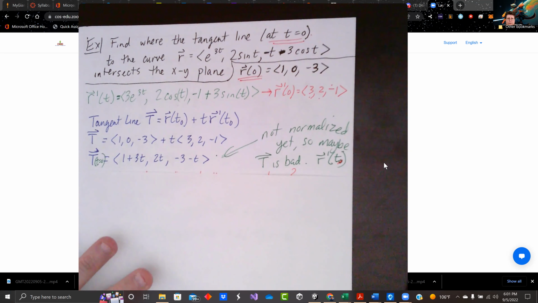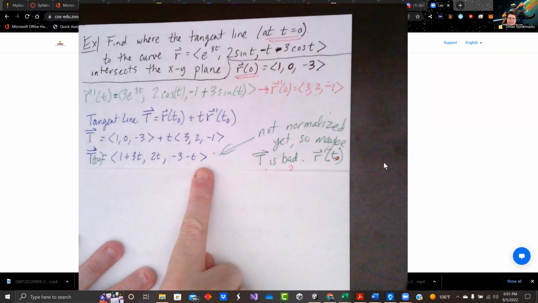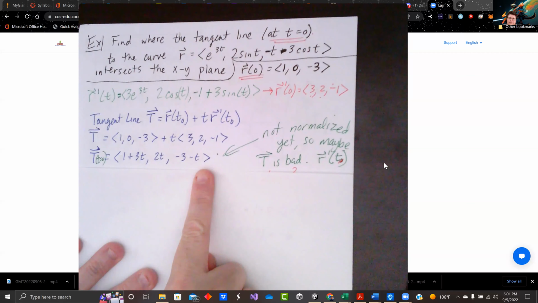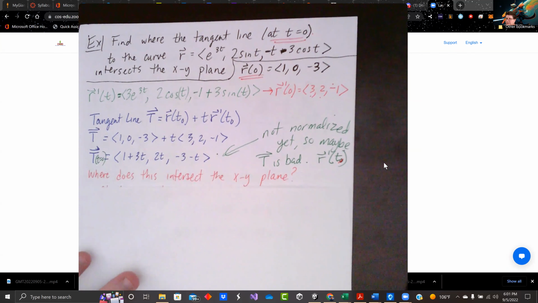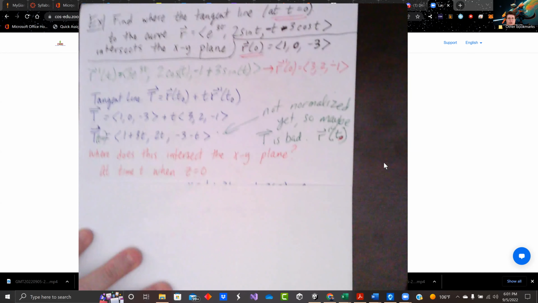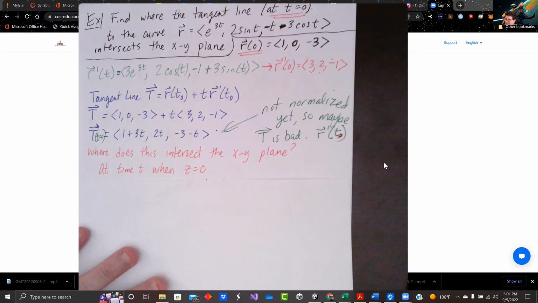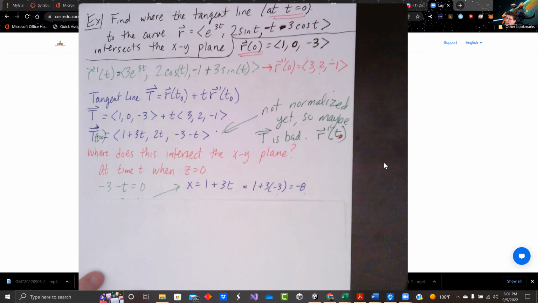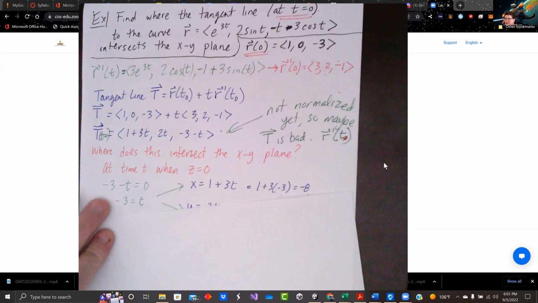That wasn't the problem though. We wanted to find where this tangent line intersects the xy plane. Well, the xy plane occurs when z equals 0. So when does z equal 0? Let's calculate it. I plug in -3 minus t equals 0.